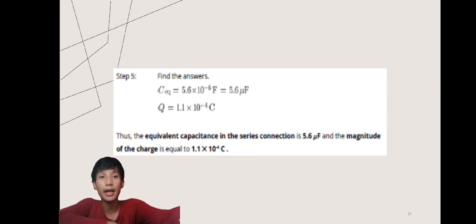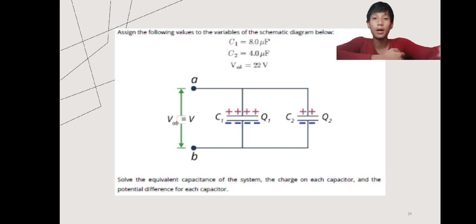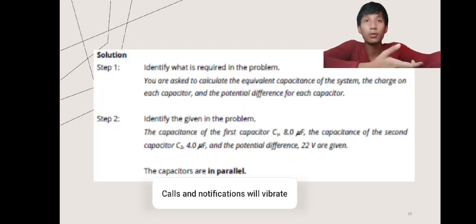Now, for example number 3, a difficult level. Here we have our question, which is to assign the following values to the variables of the schematic diagram below, and then solve the equivalent capacitance of the system, the charge on each capacitor, and the potential difference for each capacitor. Again, the first step is to identify what is required in the problem.